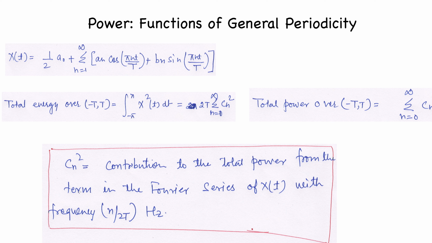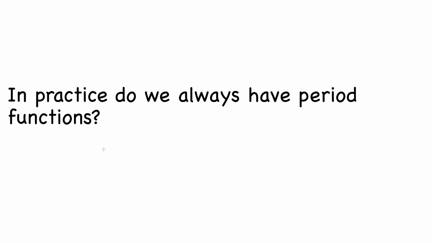So c n square is the contribution to the total power from the nth frequency component, as I said.